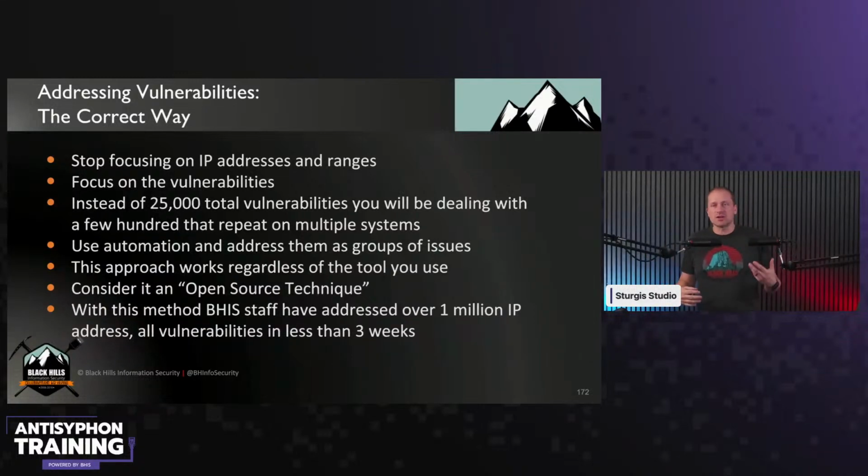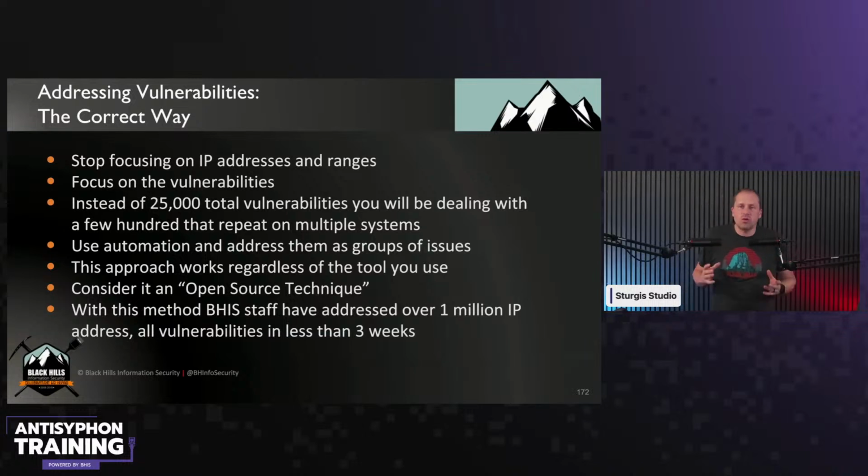As a security administrator, I can come up with automation techniques to take out that vulnerability across multiple systems with one bit of automation across the entire board. So instead of taking each individual 100 issues, I find one way to deal with that one issue that's replicated on most of the systems, and I deal with it in an automated way, right? We call these open source techniques.